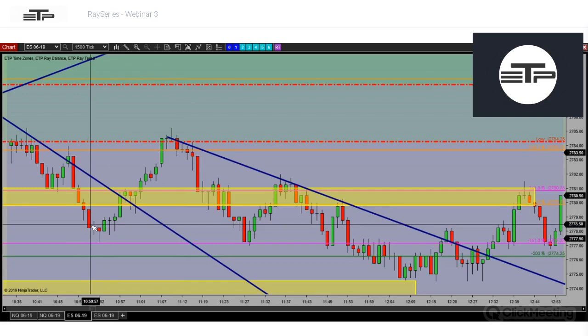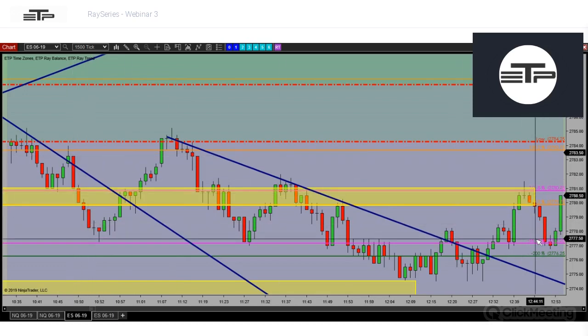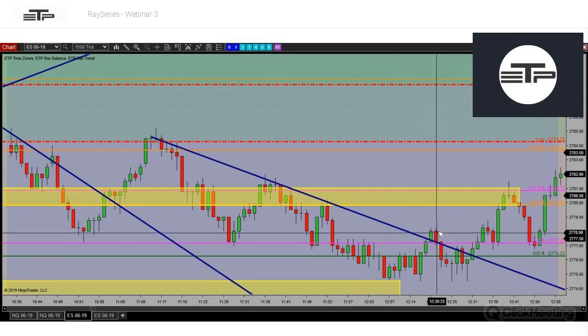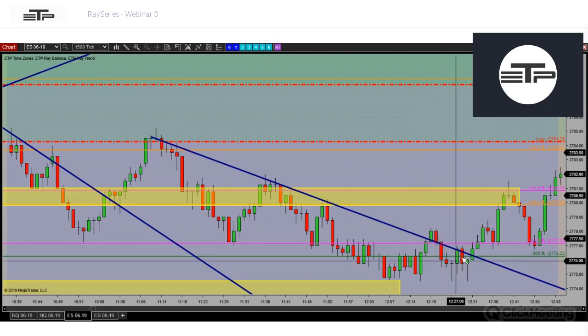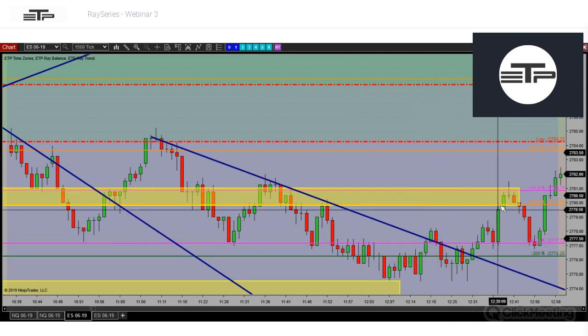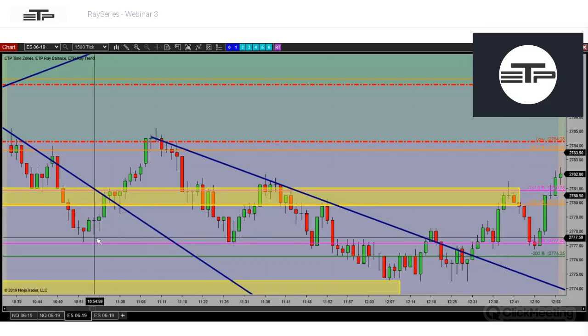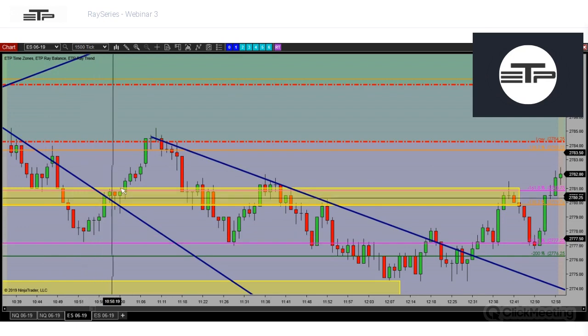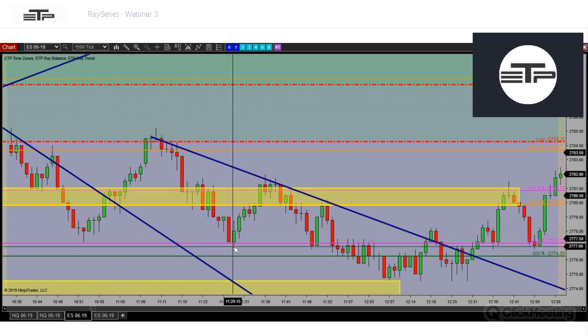So this sort of thing, where the negative 161.8 was completely violated over here, even if it closed above, closed below, closed above, and then just jumped off it. As you can see, it's still respected. So price came down, it still just jumped off it. Came back down, it jumped off it again.